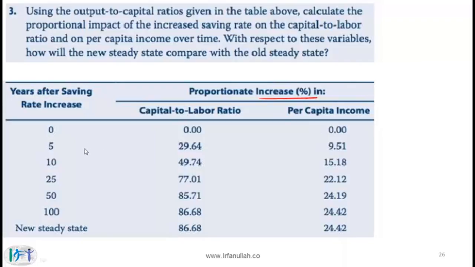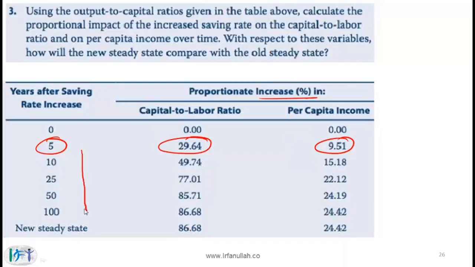Then 5 years after the increase in saving rate, the capital to labor ratio has gone up to 29.64, and this was calculated using formulas in the curriculum, and I don't think you need to know those formulas. Now, with a higher capital to labor ratio, there is an increase in per capita income of 9.54%. This is also calculated in the curriculum, and I don't think the calculation is important, but you need to have the concept that a higher capital to labor ratio means there is an increase in per capita income.